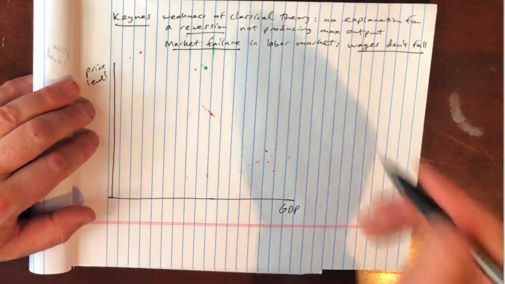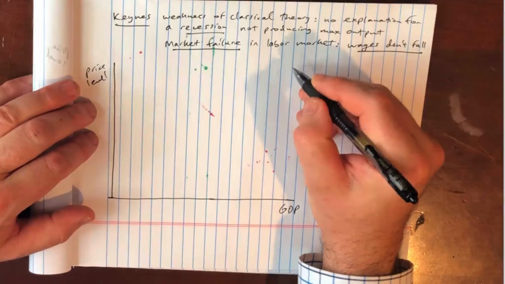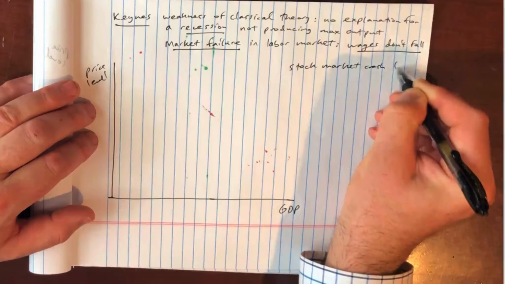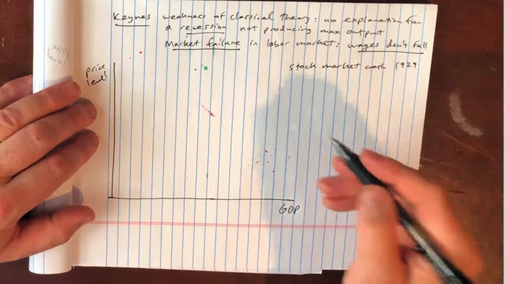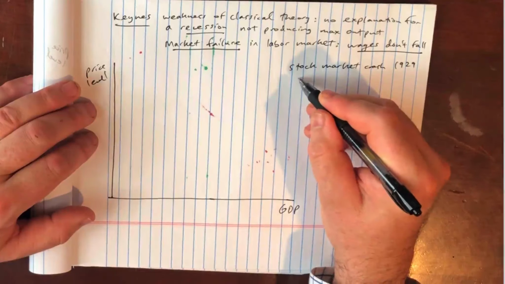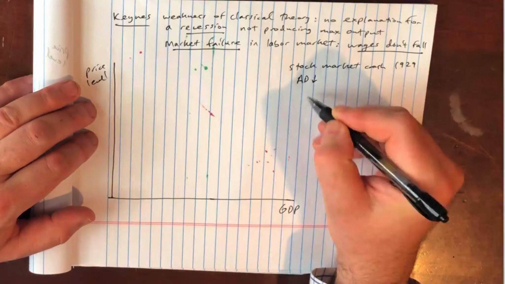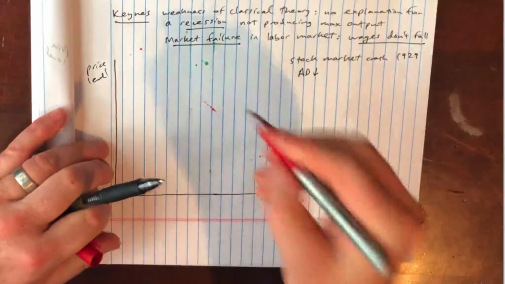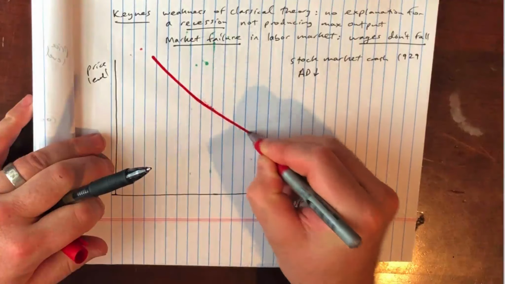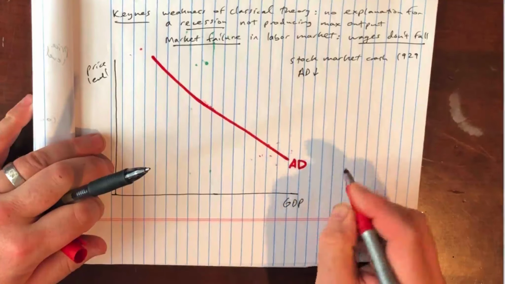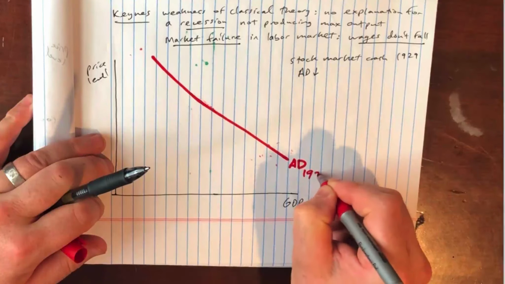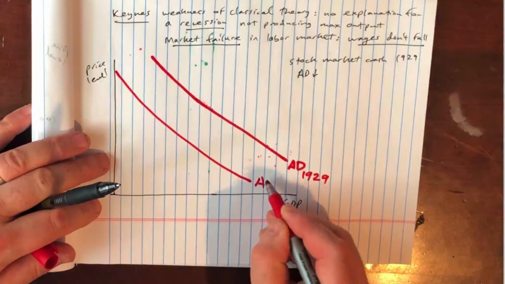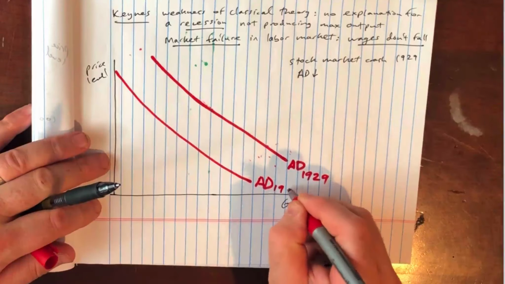Okay, so Keynes says this. What happens is, remember, we have this stock market crash in 1929. That crash, for a number of reasons, leads to a decrease in aggregate demand. So if we compare what's going on here, let's look at two aggregate demand curves. The aggregate demand from before the crash, let's say 1929, and then the aggregate demand afterwards, let's say in 1930.